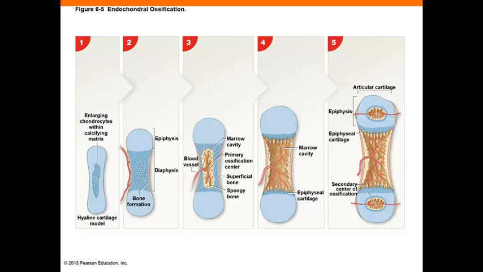So these are your secondary ossification centers right here and here. The epiphysis will fill with the spongy bone, and the bone will grow in length from the epiphyseal cartilages, and the joint surfaces are covered with articular cartilage.